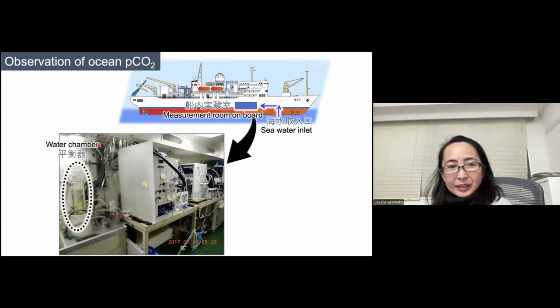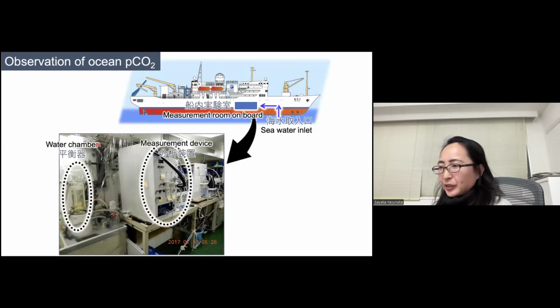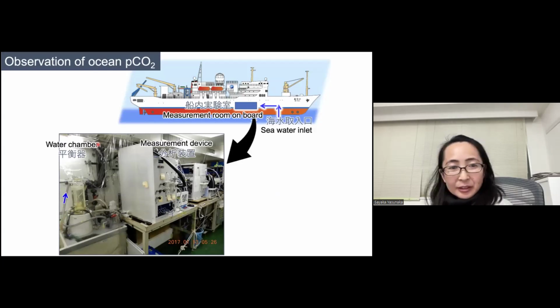This is the water chamber, and this is the measurement device. Seawater comes into the water chamber, the gas in the chamber reaches equilibrium with the seawater, and then the equilibrium gas goes to the measurement device, where the CO2 concentration is measured.